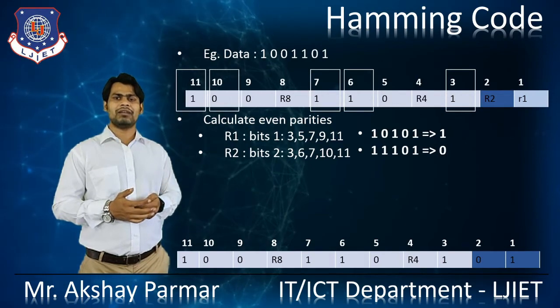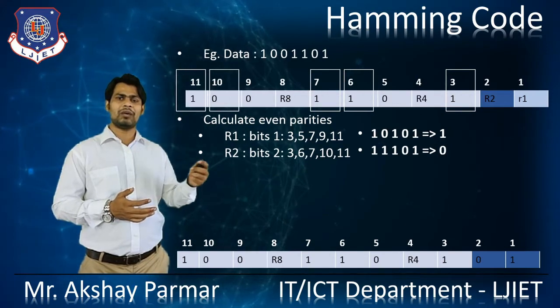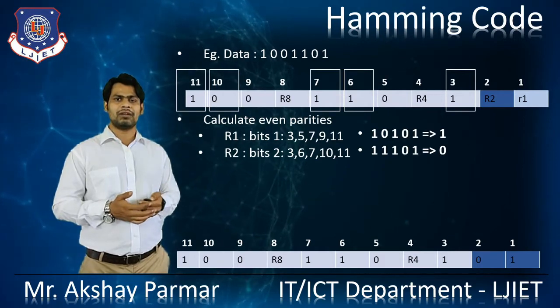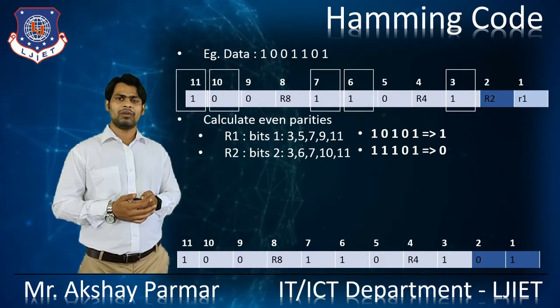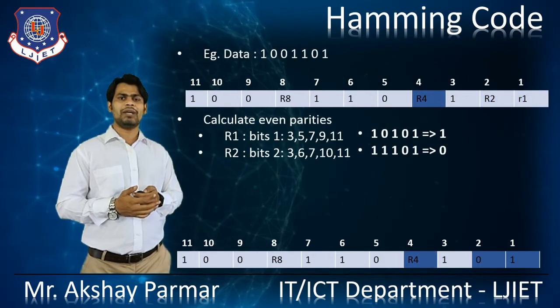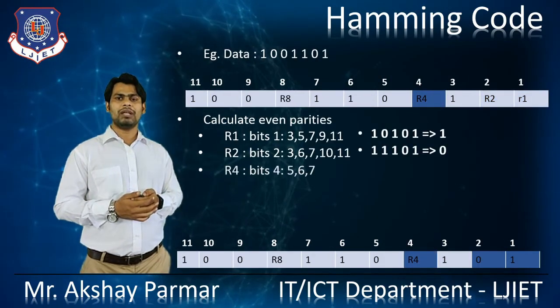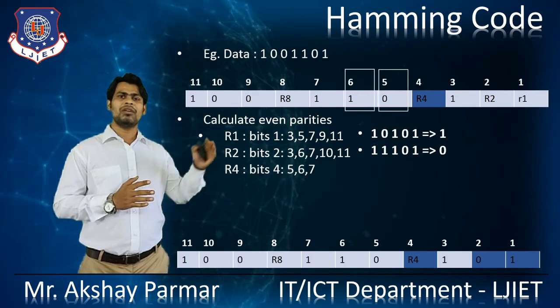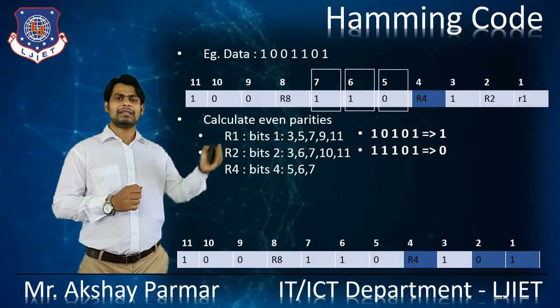That's how we are selecting R2 and R1. After that, let's select the third redundant bit, R4. How can we select that? For that, we select the bits stored at positions 5, 6 and 7.